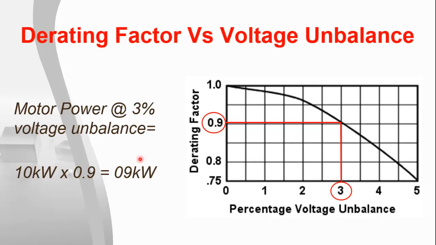It means that if the motor is rated for 10 kilowatts, but the voltage unbalance is 3%, then the total useful output we can take from the motor is 9 kilowatts. It means that if you operate the motor at 10 kilowatts even at 3% voltage unbalance, this will result in excessive heat in the motor and will ultimately lead to motor failure.